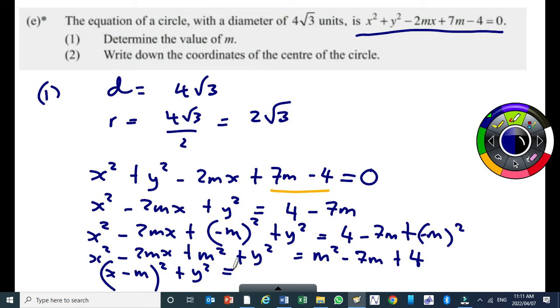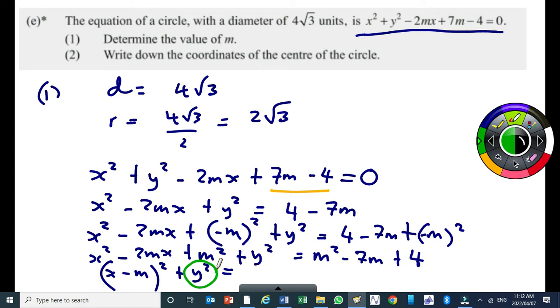Now, be aware that the expression on the right hand side is equal to the radius squared. Because here, since we have got this y squared, what will be the value of y at the center? If you were paying attention yesterday, if we have got y squared like this, what will be the value of y at the center? It will be 0.